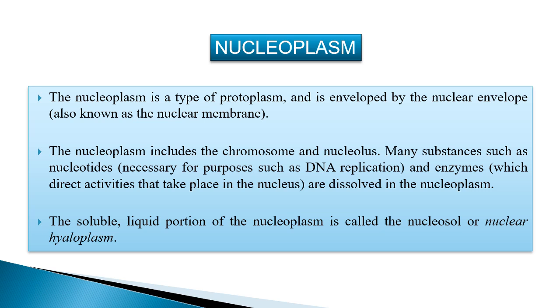The common nucleic acids of the nucleoplasm are the DNA and RNA. The nuclear proteins of the nucleoplasm can be categorized as histones or basic proteins and non-histones or acidic proteins.